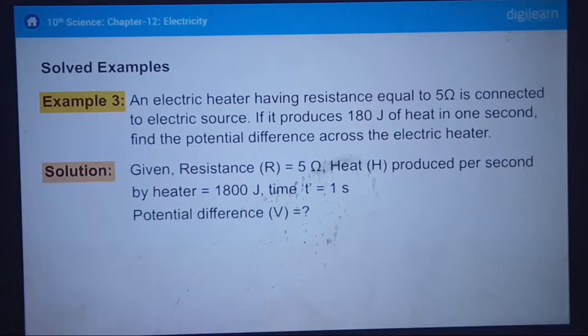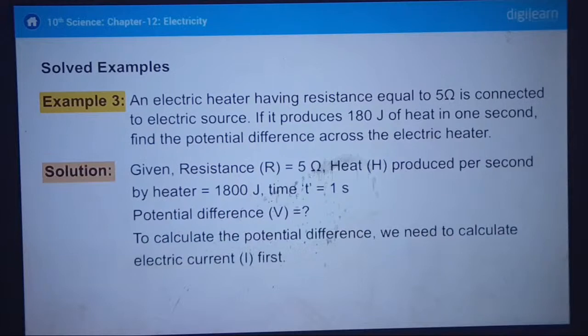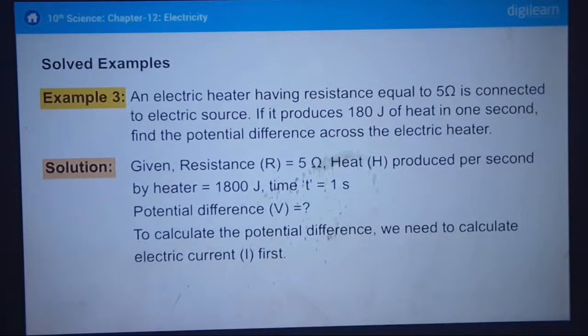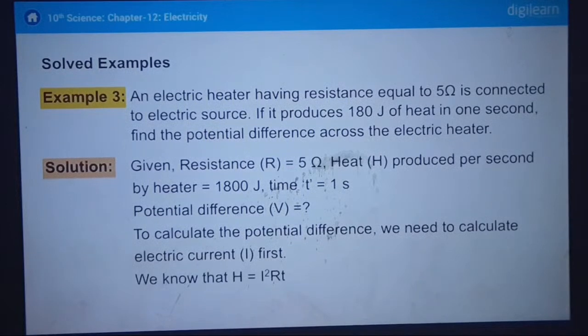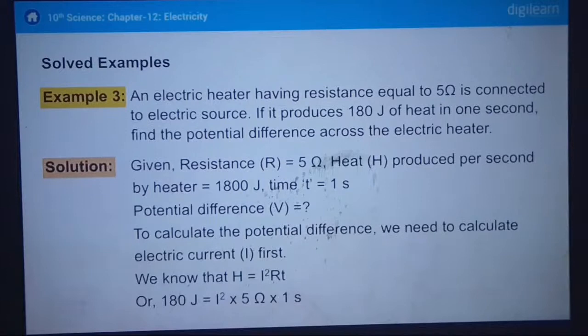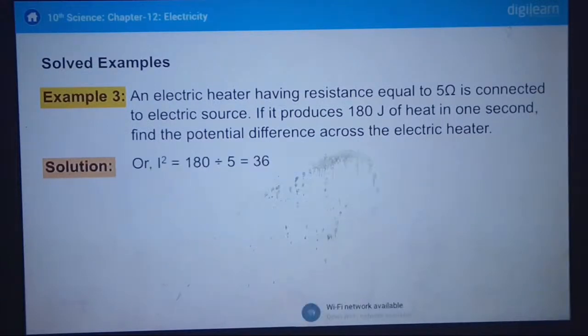Potential difference V to be found out. To calculate the potential difference, we need to calculate electric current I first. We know that H equals I squared Rt, or 180 joules equals I squared into 5 ohms into 1 second, or I squared equals 180 divided by 5 equals 36, or I equals 6 amps.